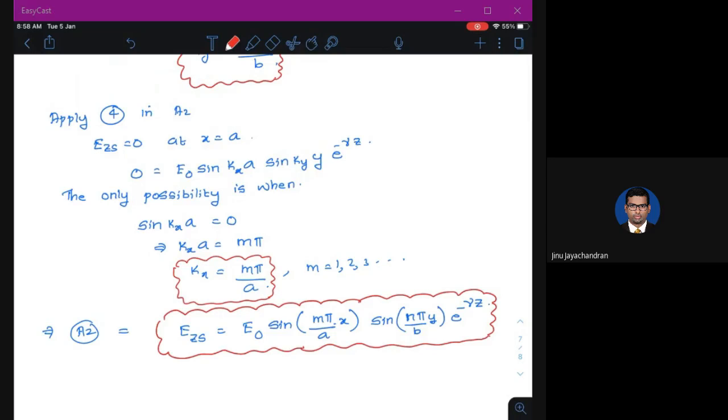We have found an expression for EZS, which appears in our EXS and EYS, in terms of the length and breadth of the waveguide. So the dimensions of the waveguide have a huge influence on the electric field component along the direction of propagation.